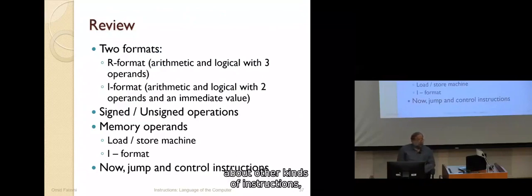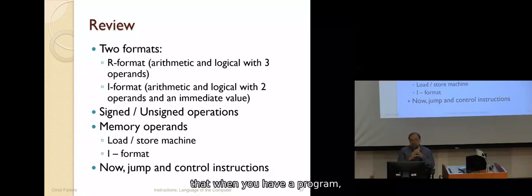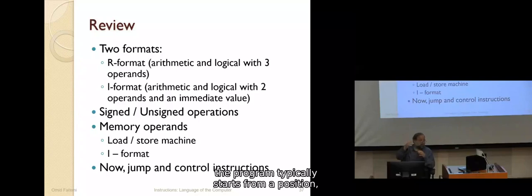Now we are going to talk about another kind of instructions, which we could call control instructions. With control instructions, we mean that when you have a program, the program typically starts from a position, executes this instruction, and then goes to the next instruction, and the next.